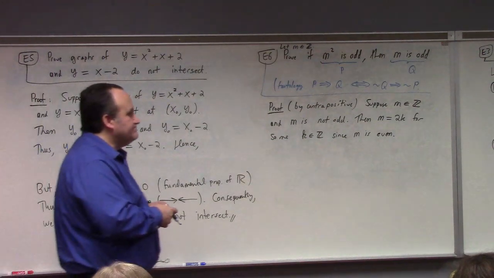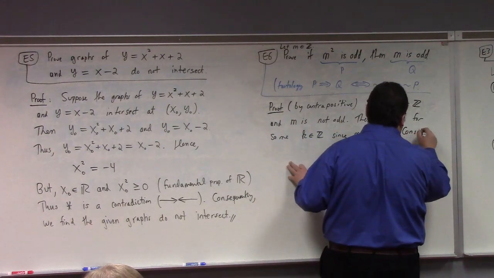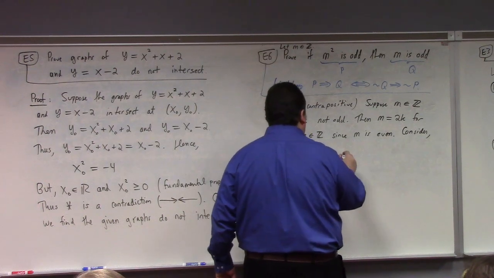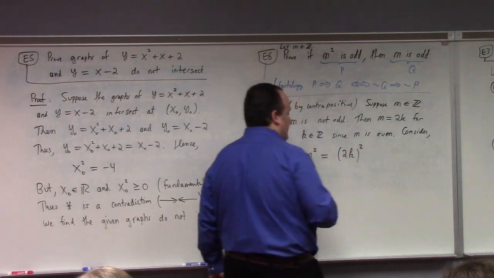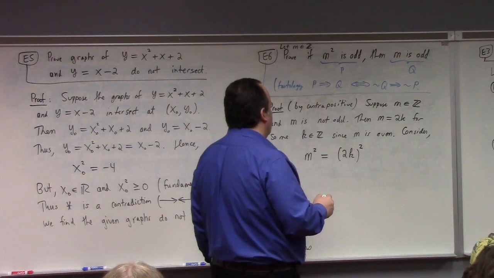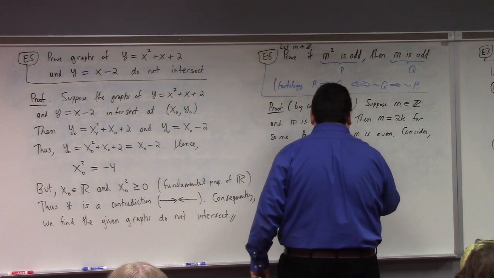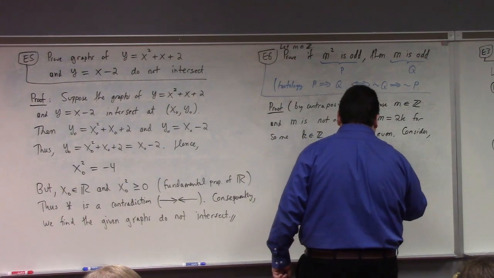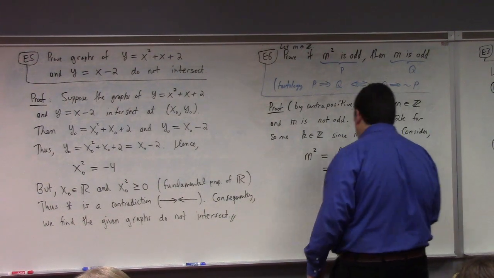So then what? Consider m squared, which is equal to, what do we got? (2k) squared, which is equal to 4k squared, right? Which is also equal to twice 2k squared, where 2k squared is a what? An integer.